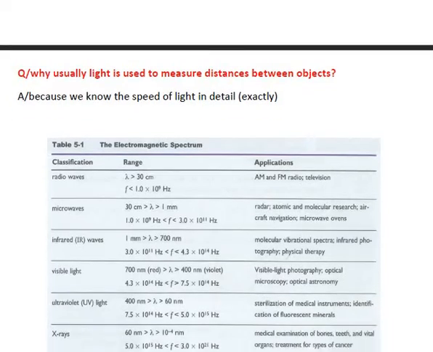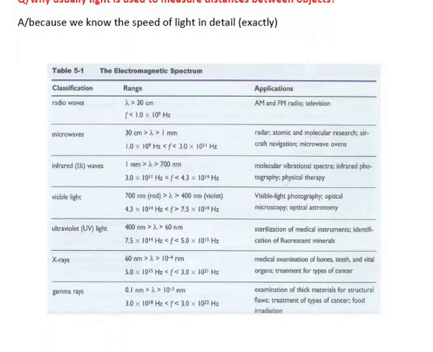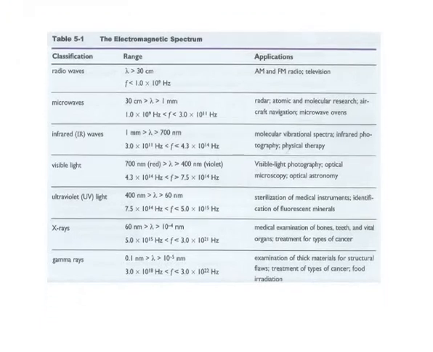Let's get to the table. This table 5.1 shows us the electromagnetic spectrum. Spectrum means group of electromagnetic waves. So we have 7 types of electromagnetic wave. We have classification, range, meaning its frequency and wavelength, and the application, its usage.